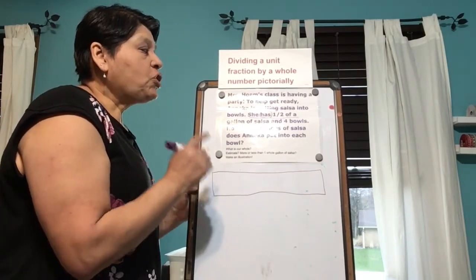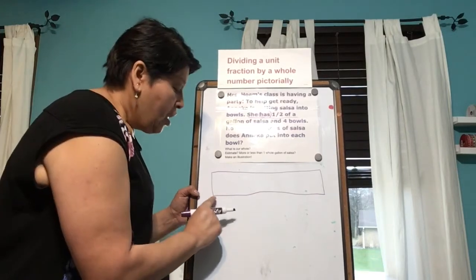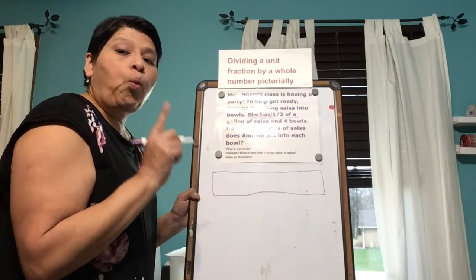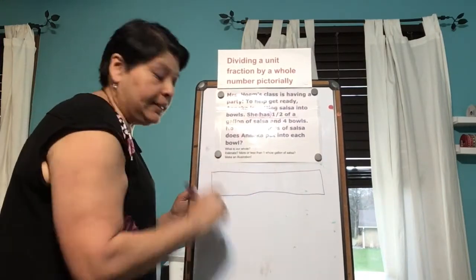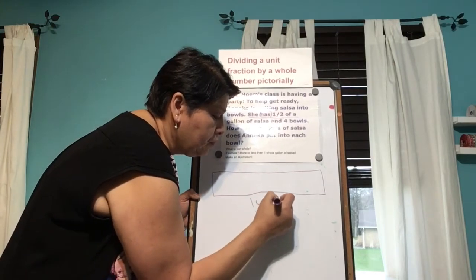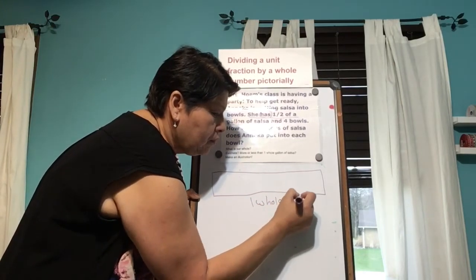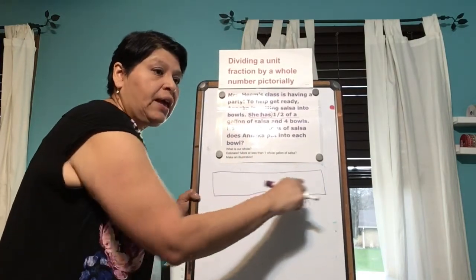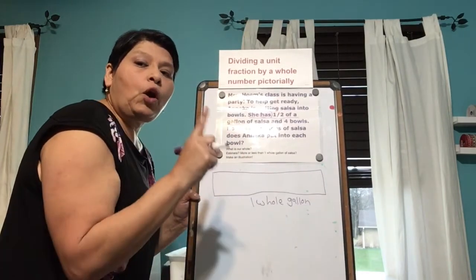It says she has 1/2 a gallon. This rectangle represents 1 whole gallon. That means if we use this whole thing, we would have used 1 whole.